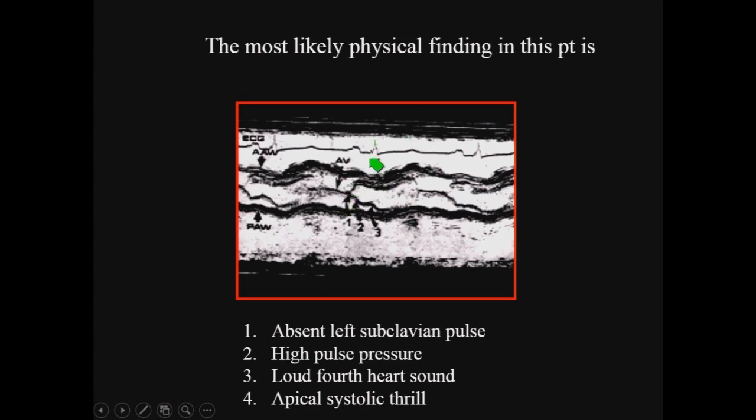So the aortic valve opens long before the QRS. So we have premature opening of the aortic valve. So before we had premature closure of the mitral valve. Now we have premature opening of the aortic valve, which is a marker of very severe aortic regurgitation.